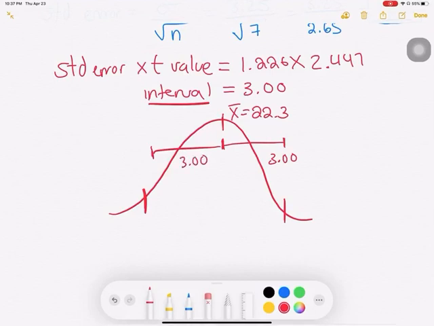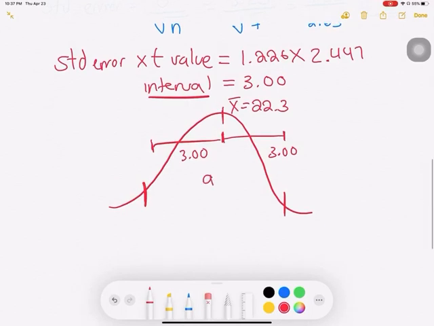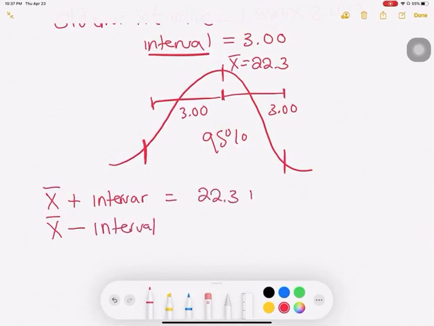So in order to find my confidence interval with 95%, I have to make a subtraction and an addition. I'm going to take the mean and add the interval, and I'm going to take the mean and subtract the interval that I just got. 22.3 plus 3, and 22.3 minus 3.